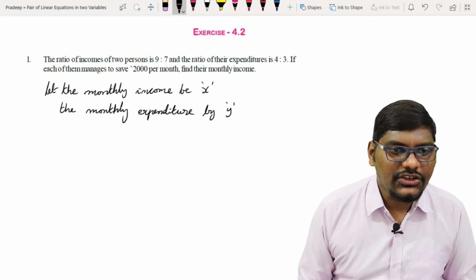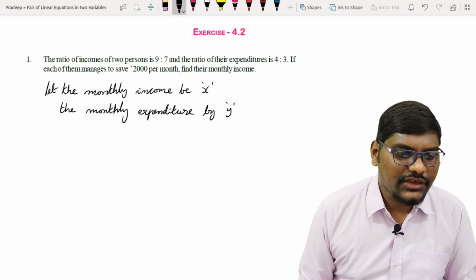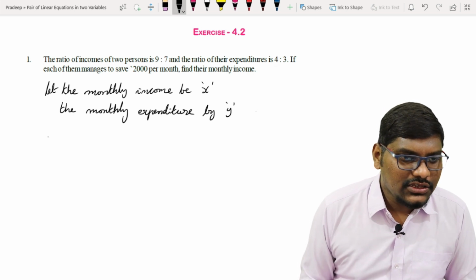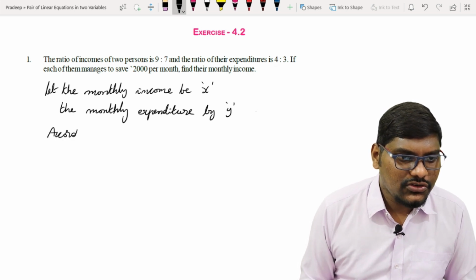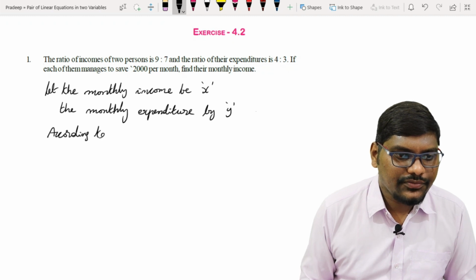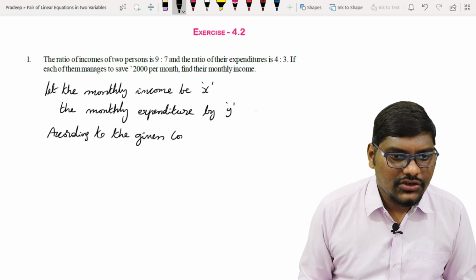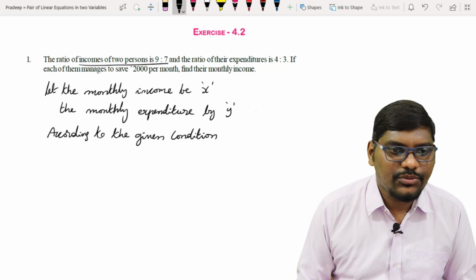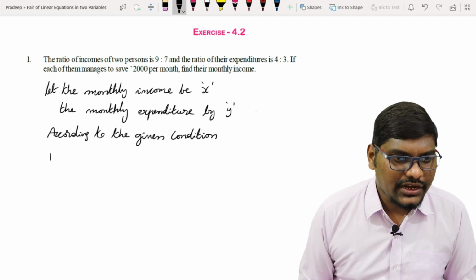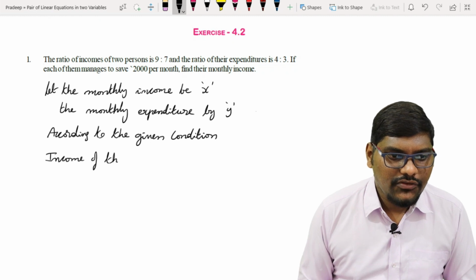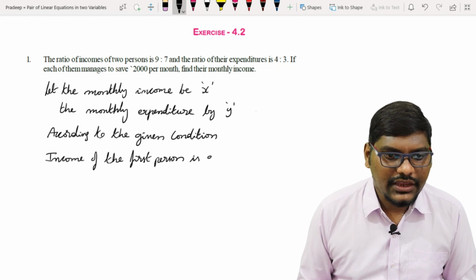Now the condition they have given, that is 9:7. So according to the given condition, the ratio of incomes of two persons is 9:7. So I can write the income of the first person as 9x.